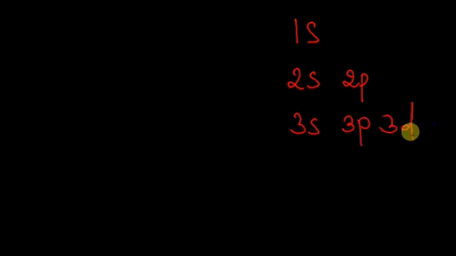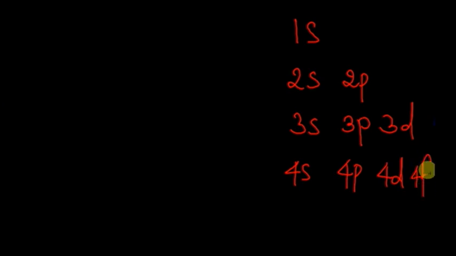For n equal to 2, we have 2s and 2p. N equal to 3 has 3s, 3p, and 3d. Now, because we saw that the value of n corresponds to the total number of values for L, for n equal to 4, we would have 4s, 4p, 4d, and 4f.